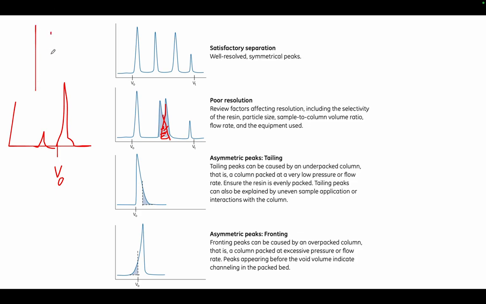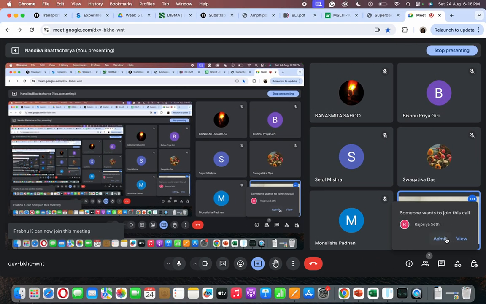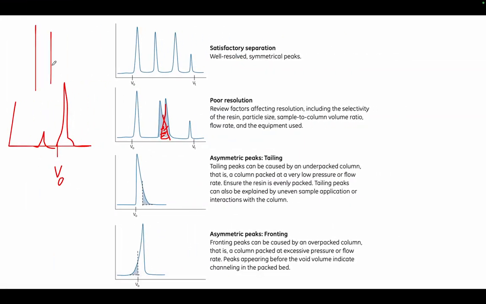What is happening is that instead of a well-packed bed like this, there is maybe some gap in the bed. So instead of going like this, our protein is going directly like this through the bed. Okay? So this is called channeling.